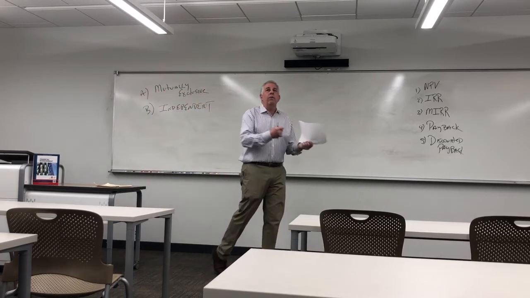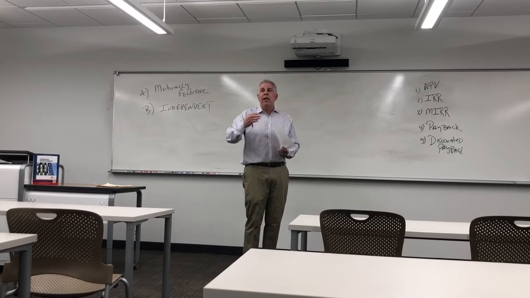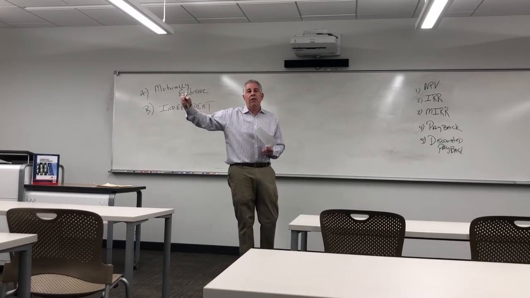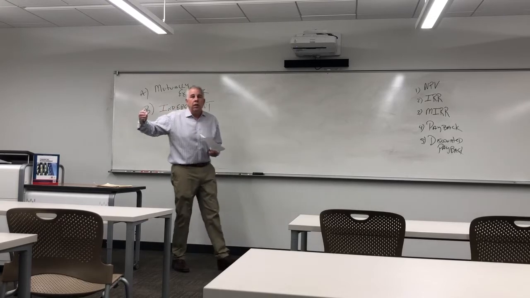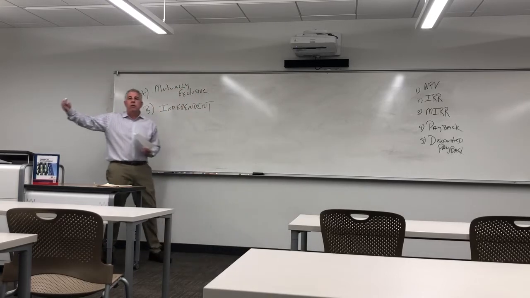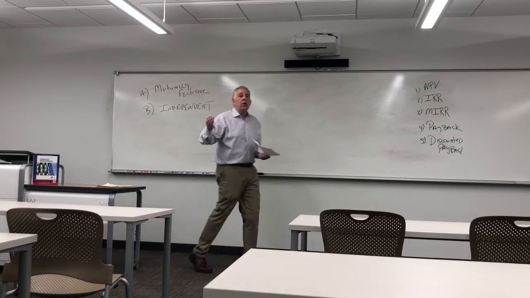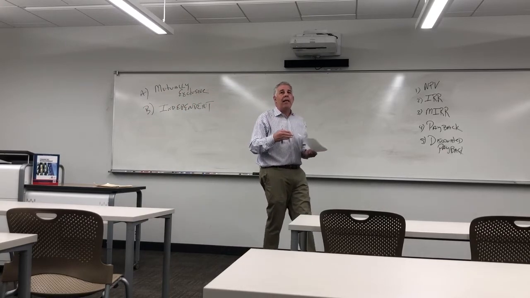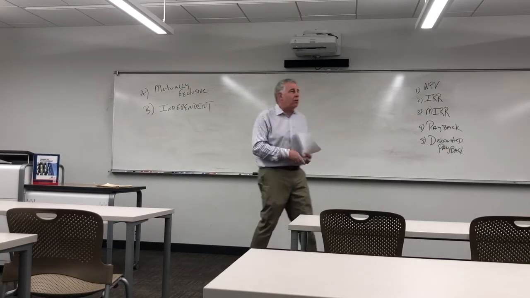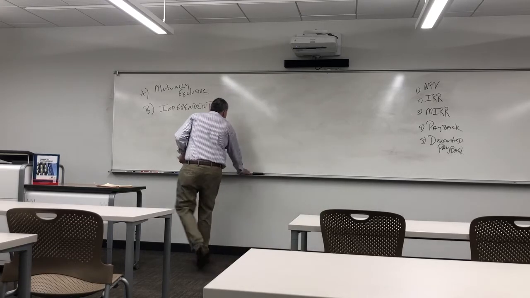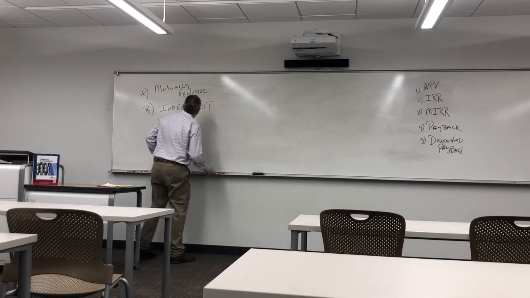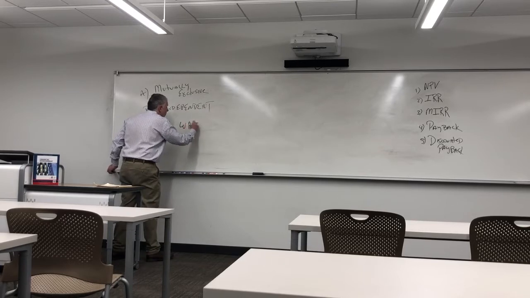So if we're going to invest $1 million and we expect cash flows in the future amounting to, let's say, $130,000 a year for the next 10 years, we discount that back at the weighted average cost of capital. So we can't forget about weighted average cost of capital.